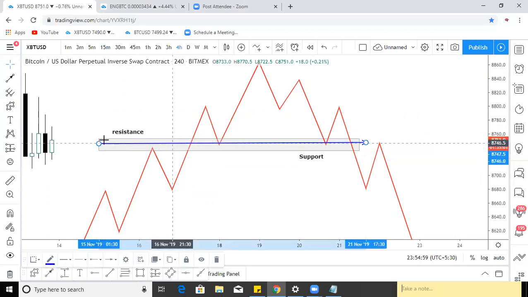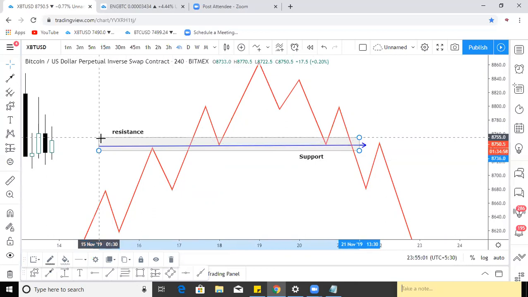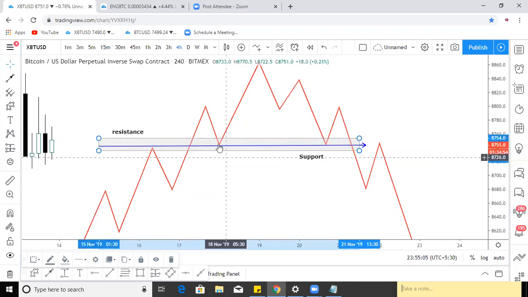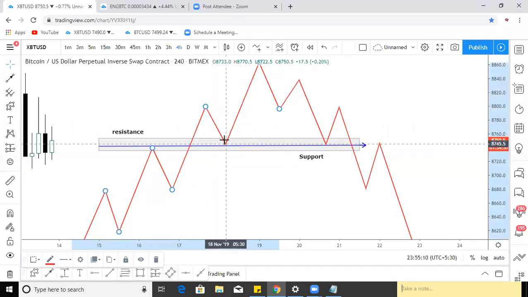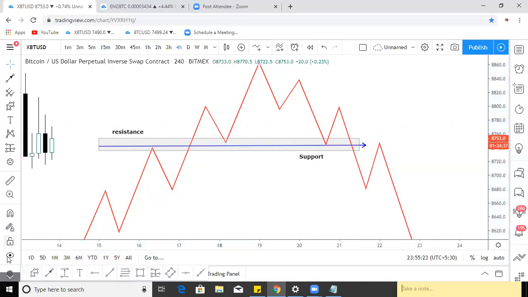They can be termed as a zone. Why are we saying that they can be a zone? Because the price may exactly come to your horizontal line, or it may make a very small difference from the level, and that will still be considered as a support zone. So this is a basic definition of support and resistance.